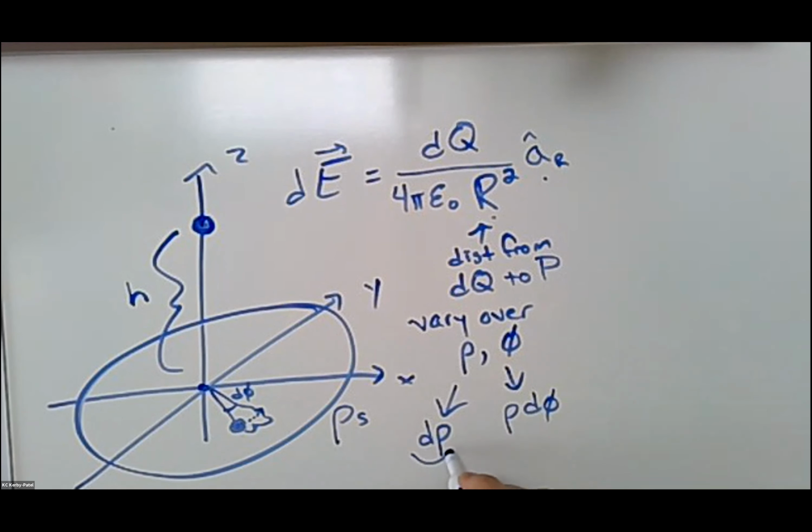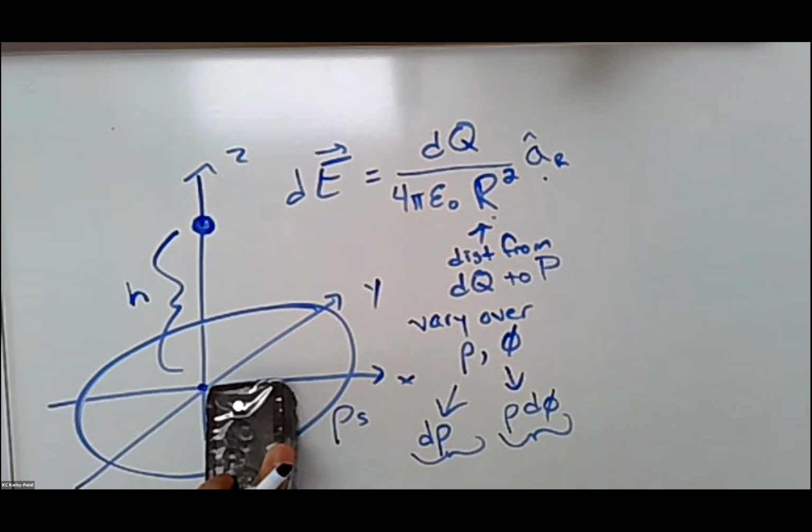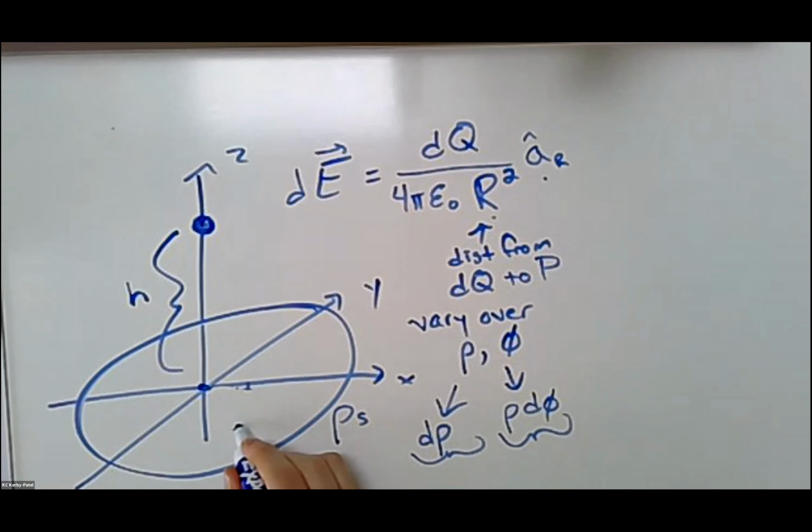The product of these two is going to make my differential surface element, which means that dq is going to exist on a little slice of my circle that kind of looks like this, whose dimensions are d rho and rho d phi.